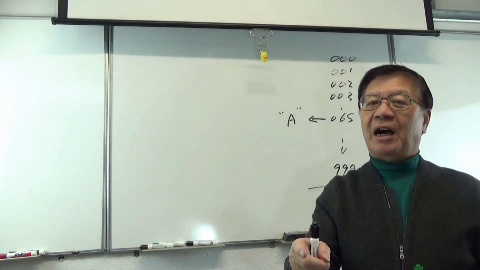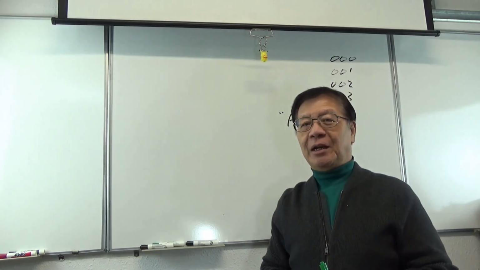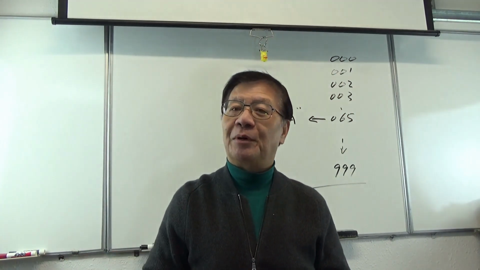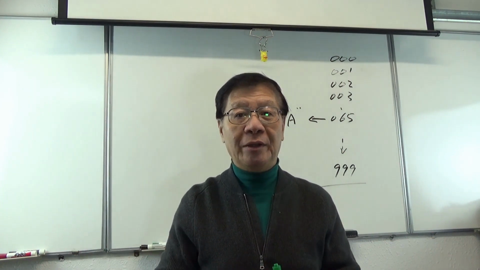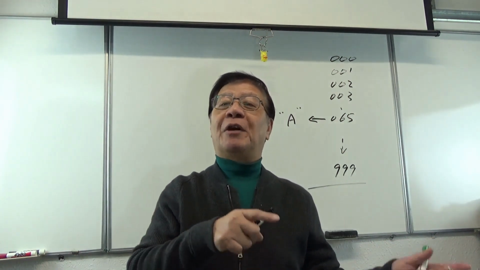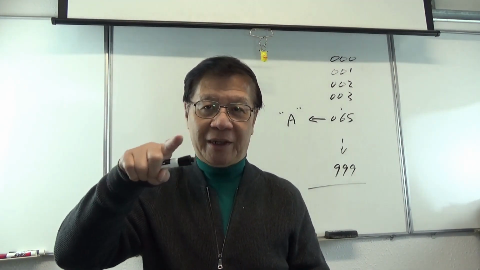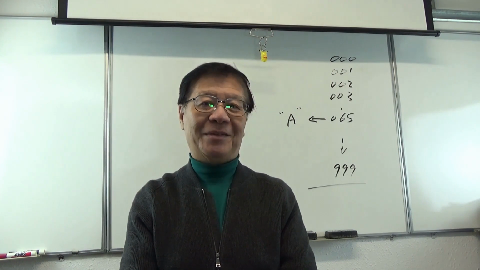Whenever I'm going to tell you capital letter A, instead of telling you A, I just say the number 065. That will make sense to you, right? And then you can translate from 065 back to the letter A. Computer does the same thing.